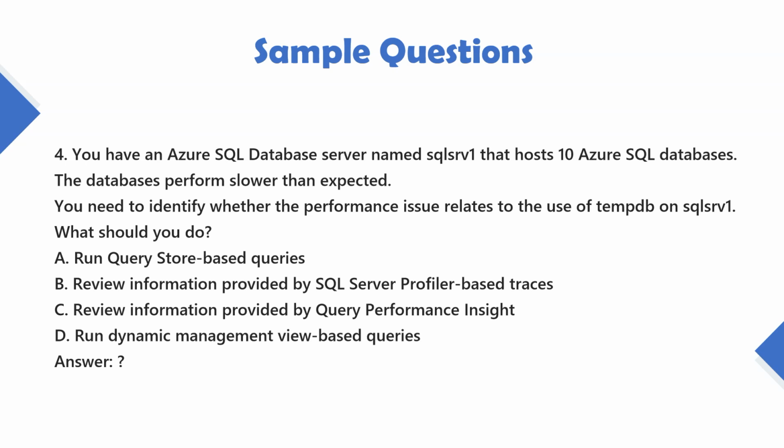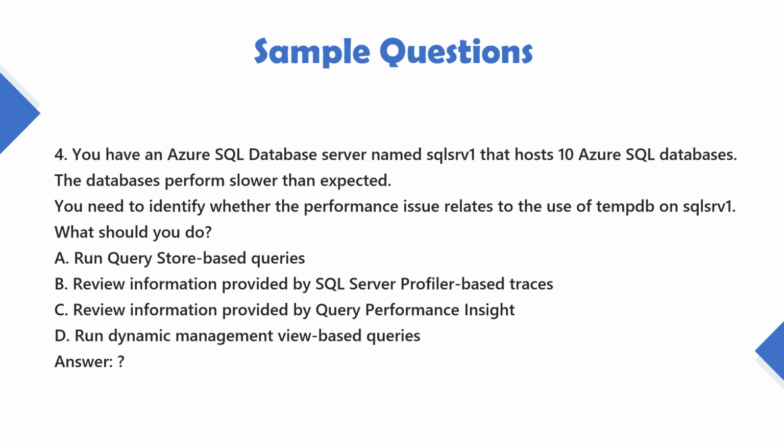4. You have an Azure SQL Database server named SQLSRV1 that hosts 10 Azure SQL databases. The databases perform slower than expected. You need to identify whether the performance issue relates to the use of TempDB on SQLSRV1.